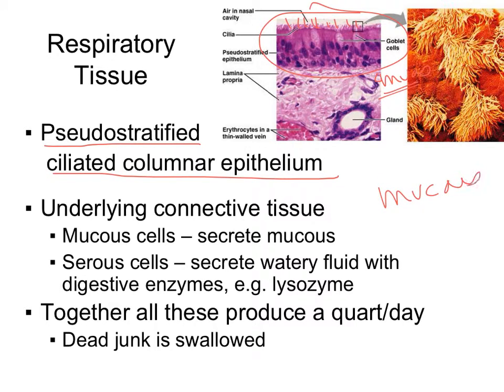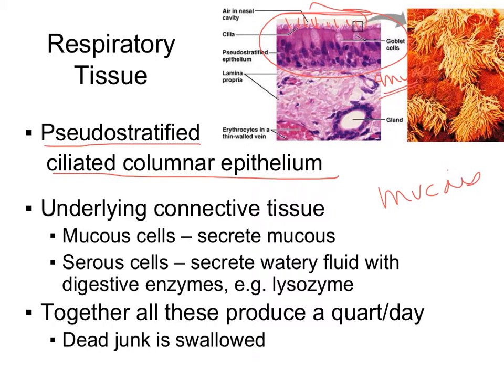And then the cilia are going to beat back and forth and are going to move this kind of blanket of mucus up out of the deep recesses of the respiratory system and try to move that material up until it gets to where it would either trigger our cough reflex, and then we cough up and swallow the mucus, or if it's up higher, it would trigger a sneeze reflex and we would sneeze it.